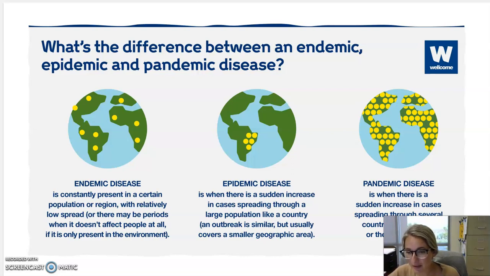So when an epidemic starts to spread worldwide to various other countries, it makes the shift from epidemic to pandemic. Epidemics have a higher incidence rate within a certain country, and then once the infection spreads to other countries, it becomes a pandemic, which is unfortunately very easy to do nowadays with modern day travel.